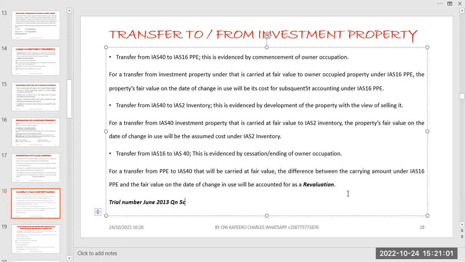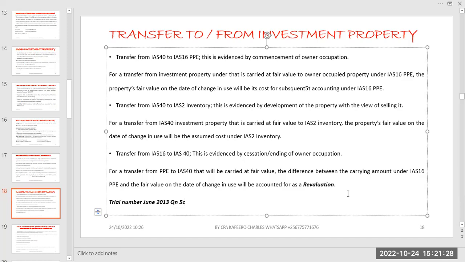There is also a scenario whereby the buildings that were being rented by other people are now being occupied by the organization itself, meaning there is a transfer whereby the asset which was used for earning rental income is now being used for office purposes.